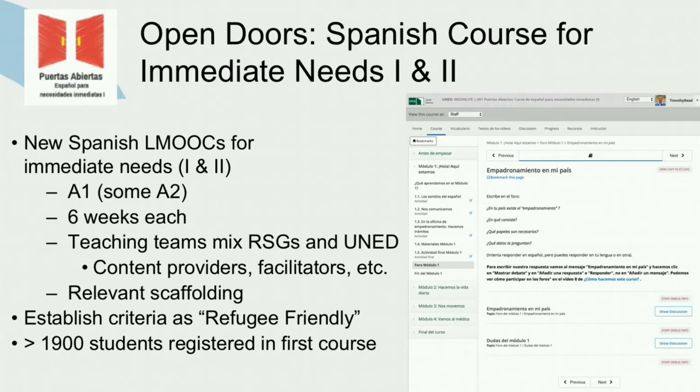So we were committed to the fact that the courses would be refugee friendly, in the sense that they would attend their reality and their needs at a digital, learning, linguistic, cultural, even psychological level. That is why, for example, the language that we use throughout the course uses the first person plural, we, all along the course, instead of you or I, to provide this idea, this atmosphere of inclusion and togetherness.